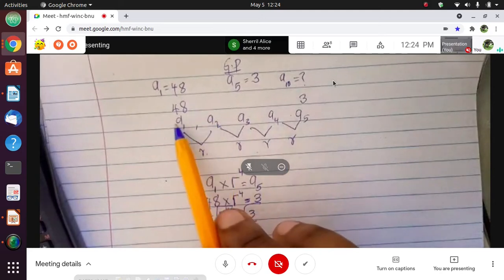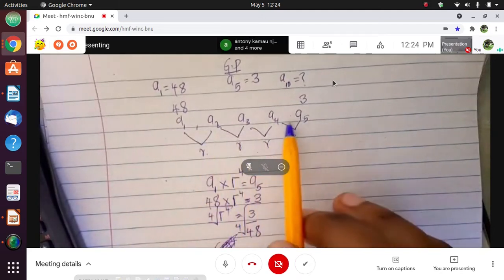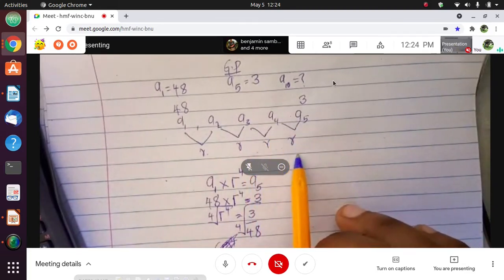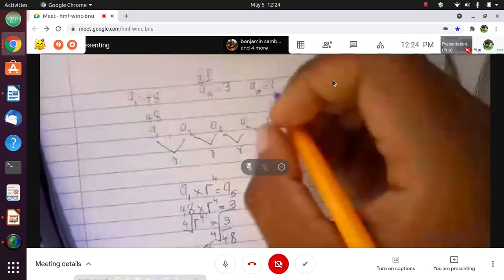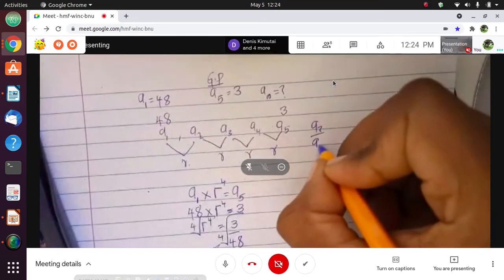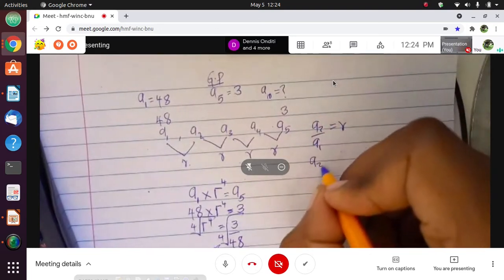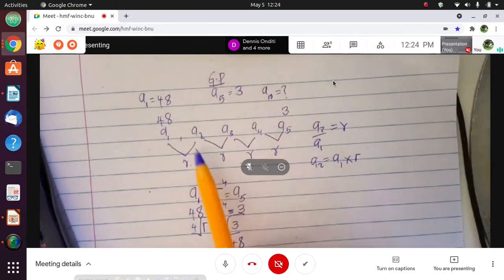Remember, A2 divided by A1 is R, A3 divided by A2 is R, A4 divided by A3 is R, and A5 divided by A4 is R. So if A2 over A1 is equal to R, A2 will be A1 times R. So for me to get A2, I will take A1 multiplied by R.